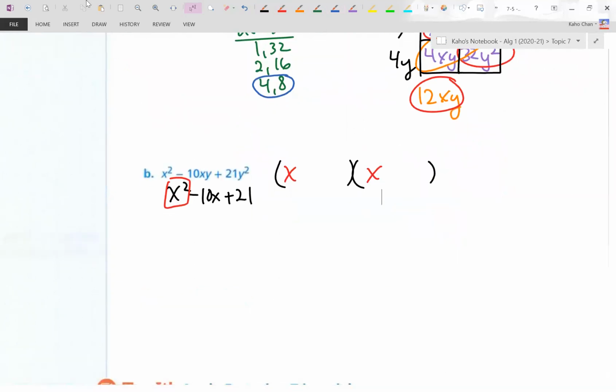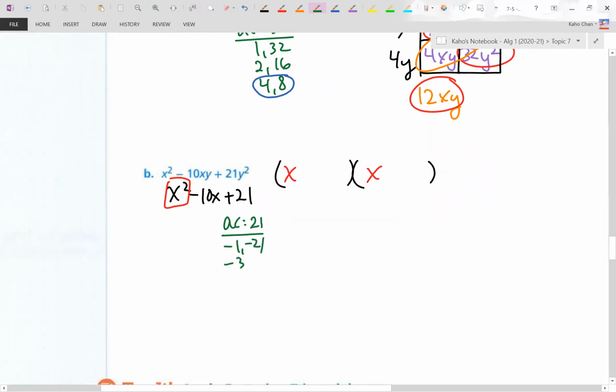So that's the case here. AC 21. Negative 1, negative 21, negative 3, oh, there it is, negative 3, negative 7, yay, winner. That's what we're trying to shoot for right there. That's going to be negative 3, negative 7. Don't forget what we just left out, the letter y, okay? Not too bad.